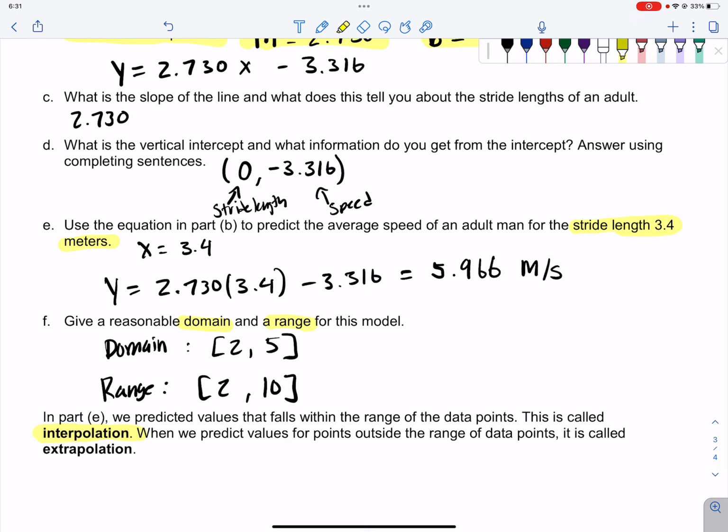However, if we go outside of that domain and look outside of our range of data points that we have, that's called extrapolation, and it's less reliable. It's not going to be as accurate, and a lot of times the information that we would get from that might not make sense. Just like how the statement for the y-intercept didn't make any sense.